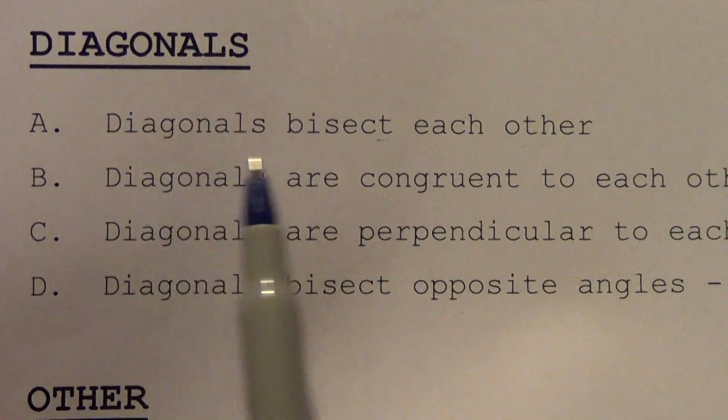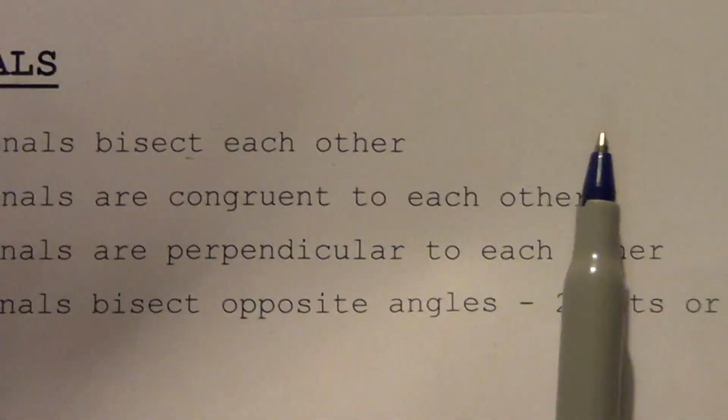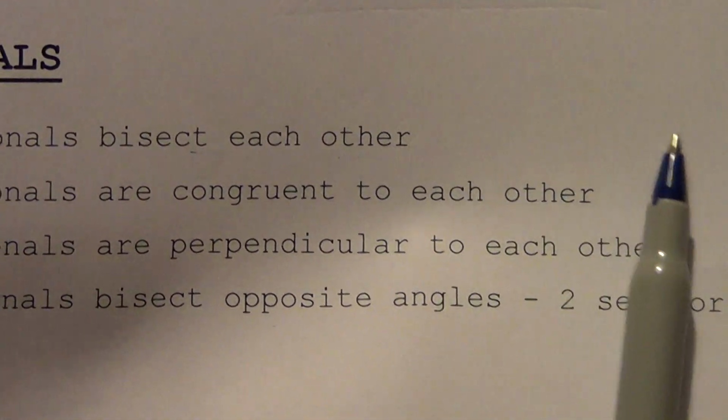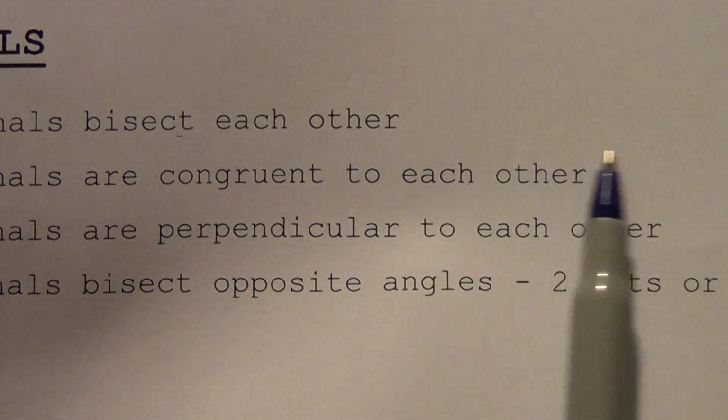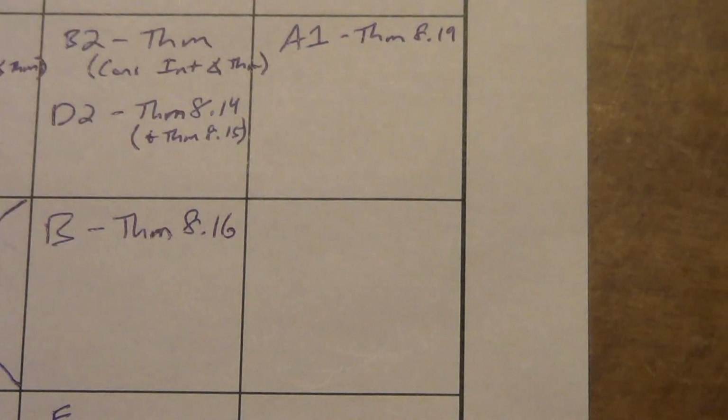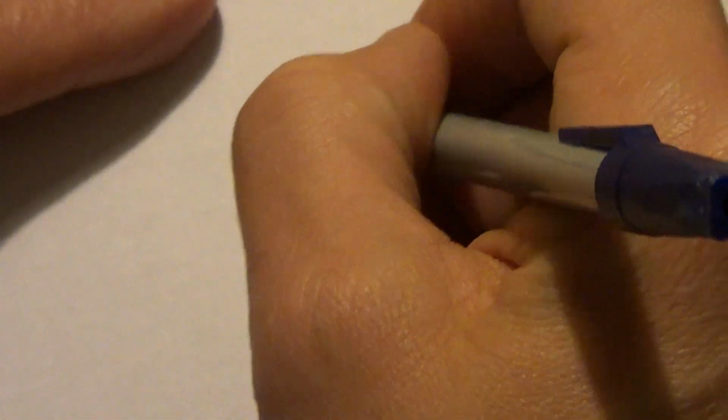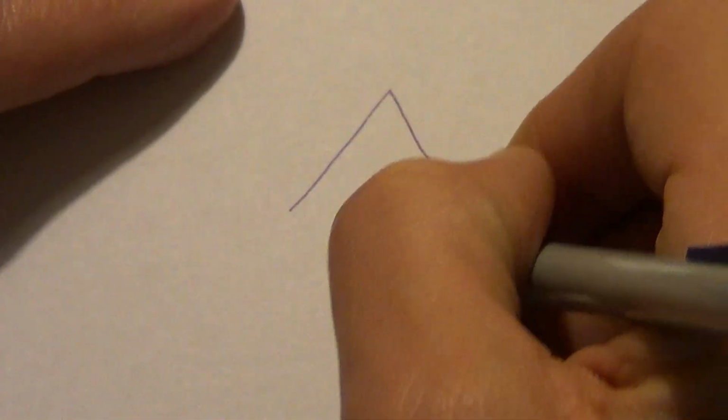Diagonals bisect each other. Now maybe I should redo this so that it says both diagonals versus just one diagonal, because we're going to make some slight modifications. So let's go back to a picture of a kite, and let's draw this out here.